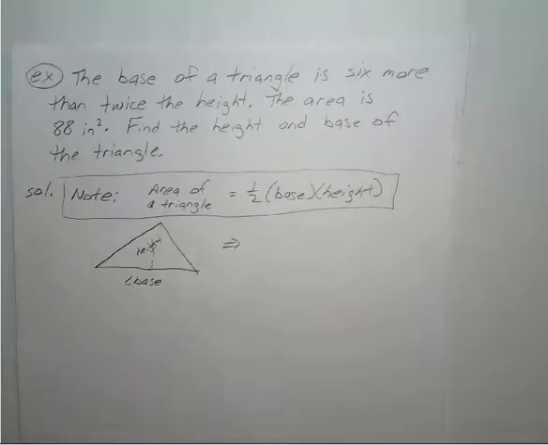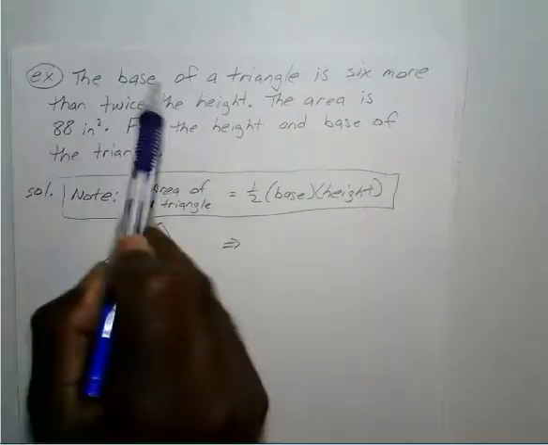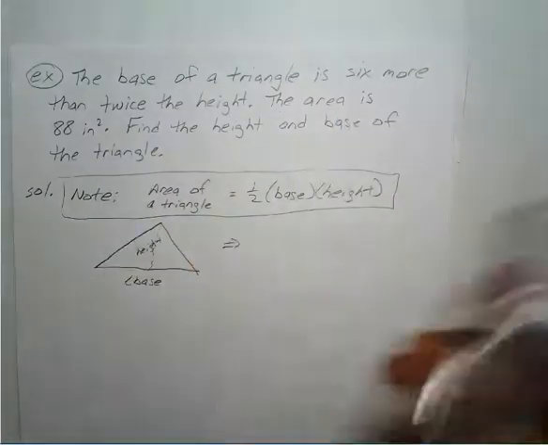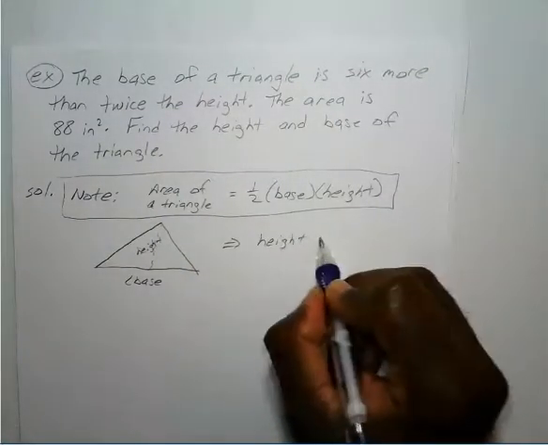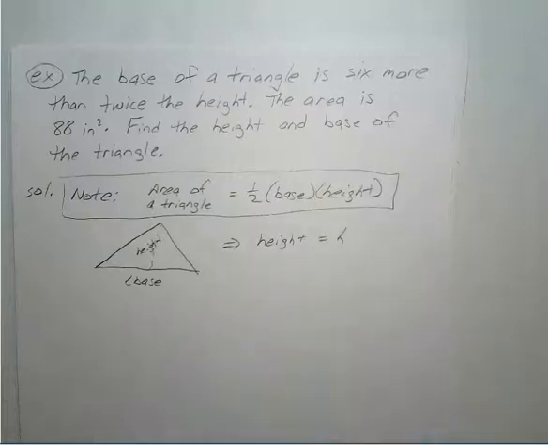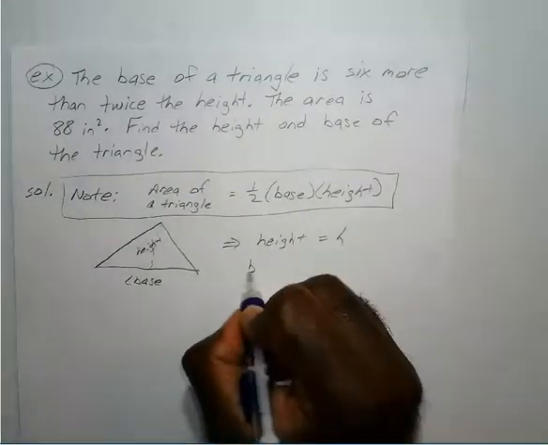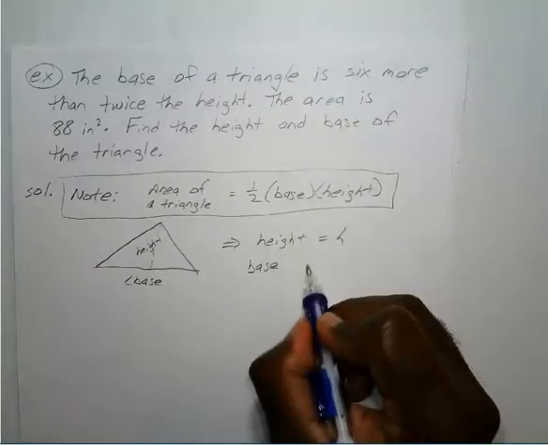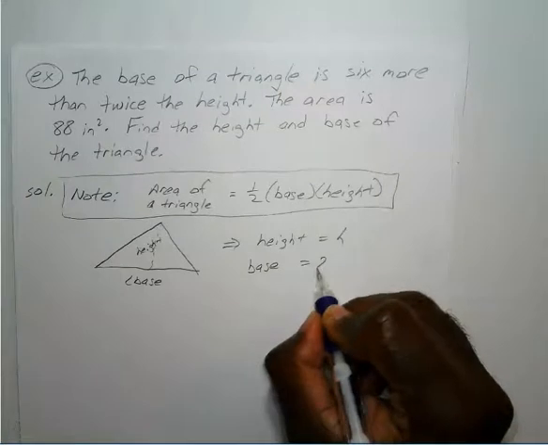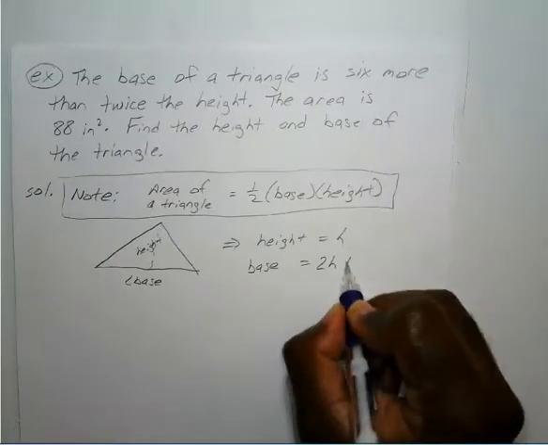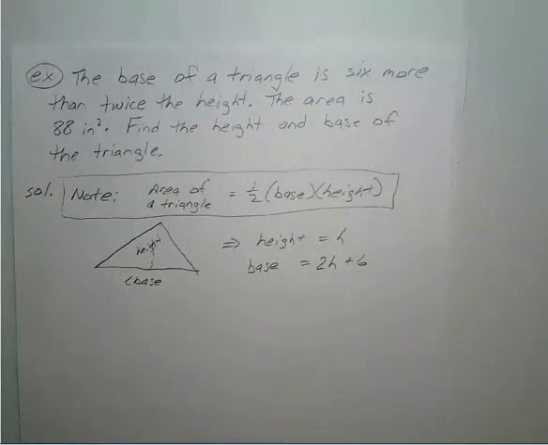Now we know that the base of the triangle is 6 more than twice the height. So the height, we'll just call that h. Now the base, since that's 6 more than twice the height, that's twice the height plus 6 more than that.